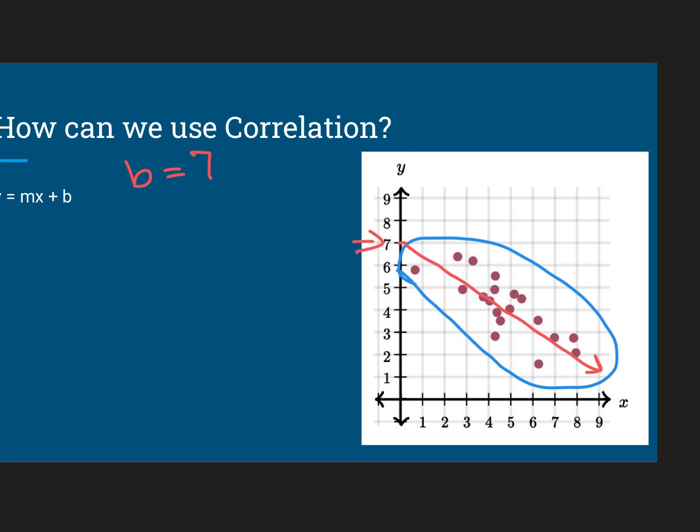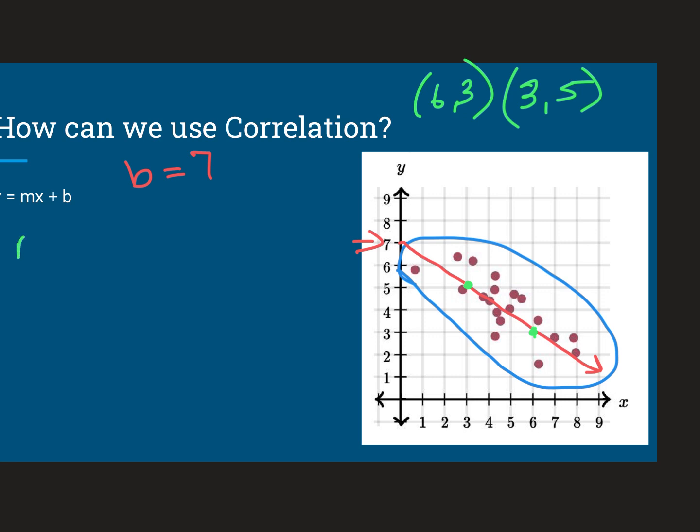Remember, when we're looking at the slope, we are not looking at the actual data points. We're choosing points that are on our line. So I have this point, which is 3, 6. I need another point that looks like it's really sort of there. So I'm going to choose this point right there, which is 3, 5. And I know that this is going to be a negative number.